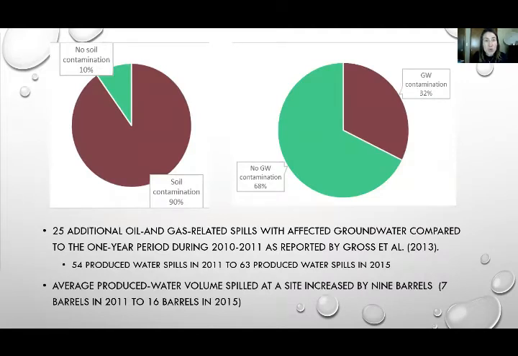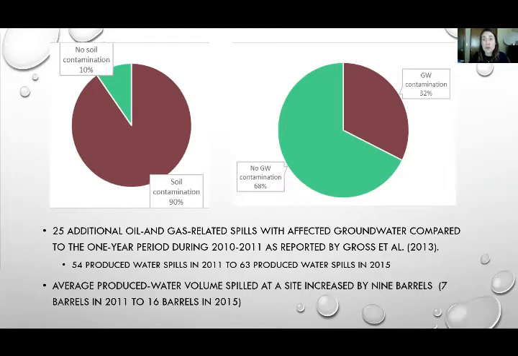And so when I looked at when soil was contaminated at a spill site and when groundwater was contaminated at a spill site, I found that out of all spill sites, about 90% resulted in soil contamination. And 32% of those resulted in groundwater contamination.